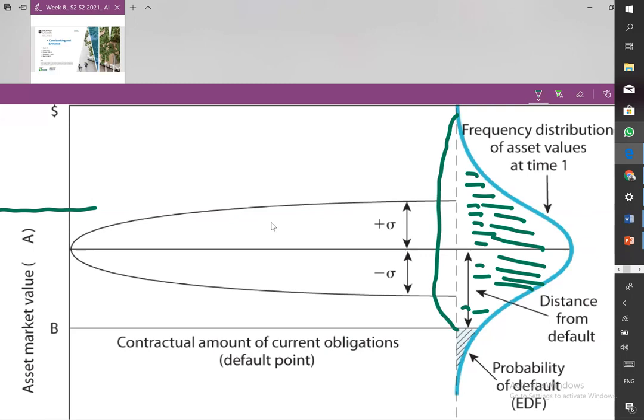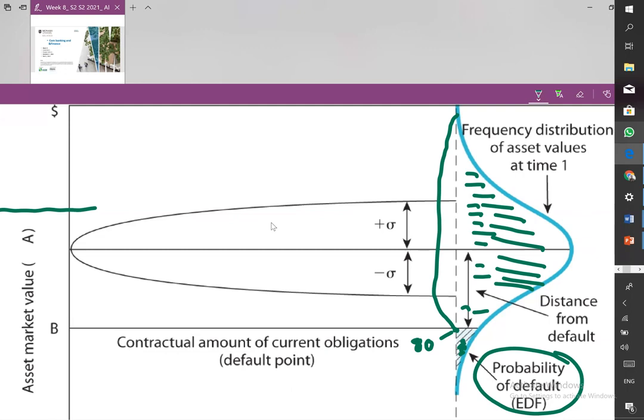When it goes under the 80 million, this is the probability of default. This is the distribution from the perspective of the bank, of course.